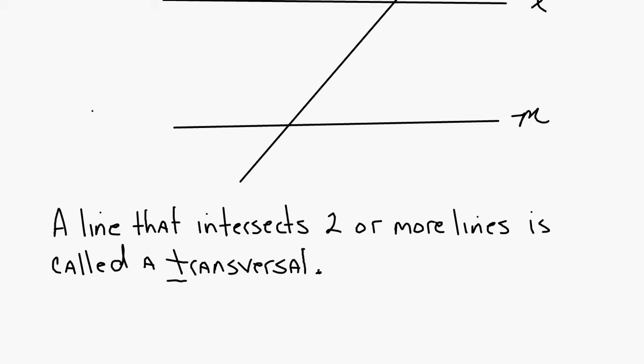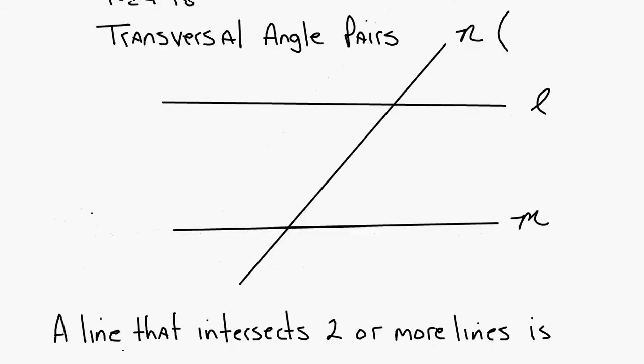In that picture that you just drew, line N intersects line L and line M. So in this case, line N is called a transversal.